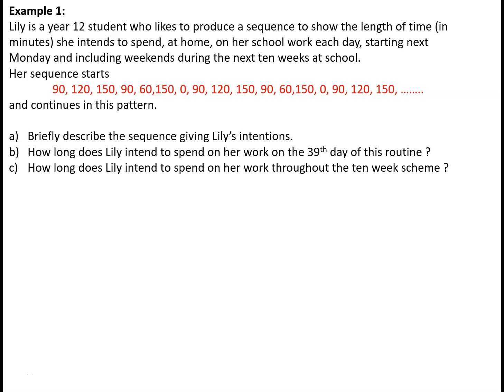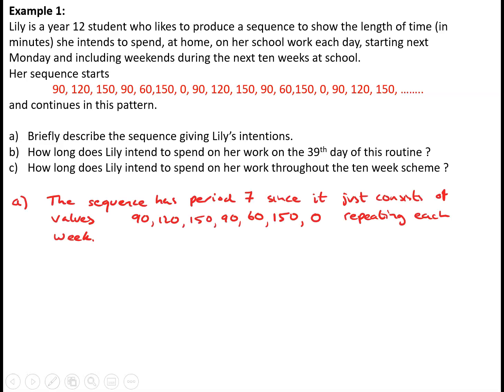Looking at the figures that Lily has given us, we can see that they are running through a 7-day cycle. In other words, she set up a weekly cycle. So we can describe the sequence by saying that the sequence has got period 7 because it just consists of the values 90, 120, 150, 90, 60, 150, 0, repeating each week.